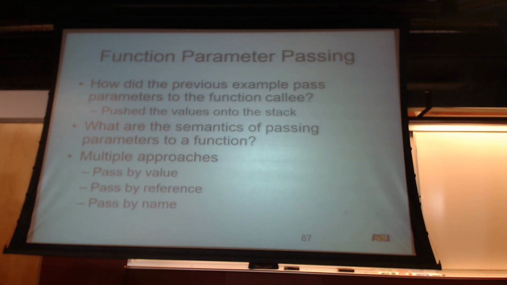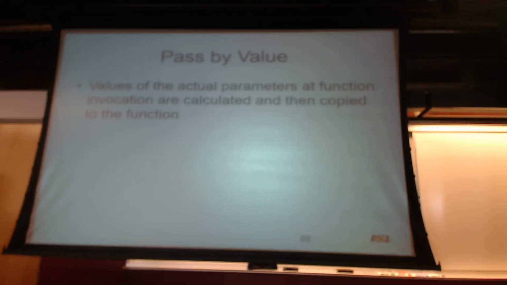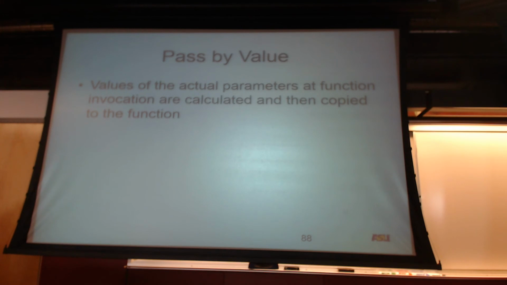So let's discuss what is passed by value. The values of the actual parameters at function invocation are calculated, then copied to the function. So there are two concepts. There is the concept of actual parameters, which are the input arguments x1, x2, x3. And there are the values of the actual parameters, which are the instances you are using.